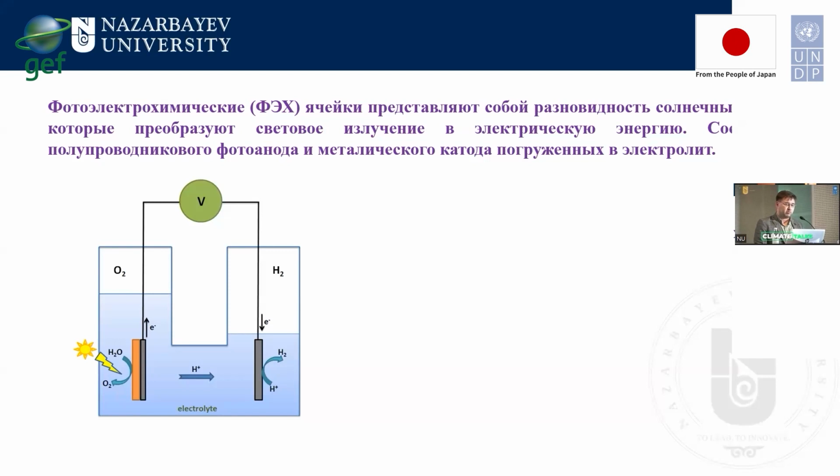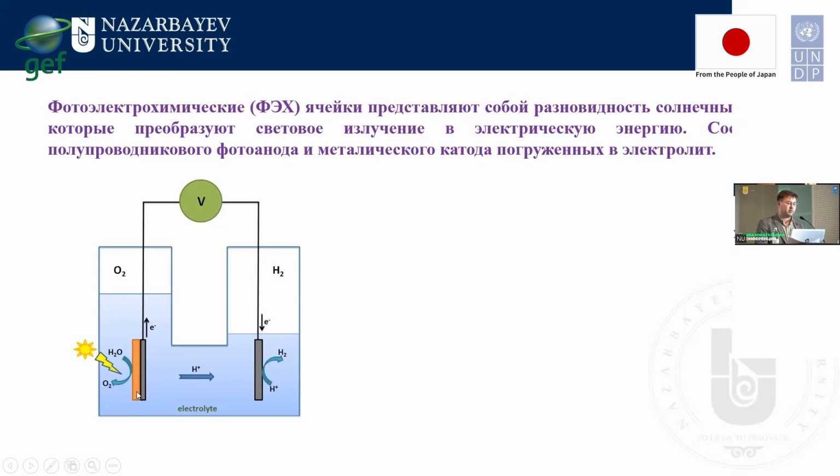Now let's talk about the photoelectrochemical method of receiving hydrogen. These are cells that currently can be used as a photovoltaic panel. It's similar in principle to how a solar panel works, but different because you have two photoelectrodes connected to each other in the electrolyte.